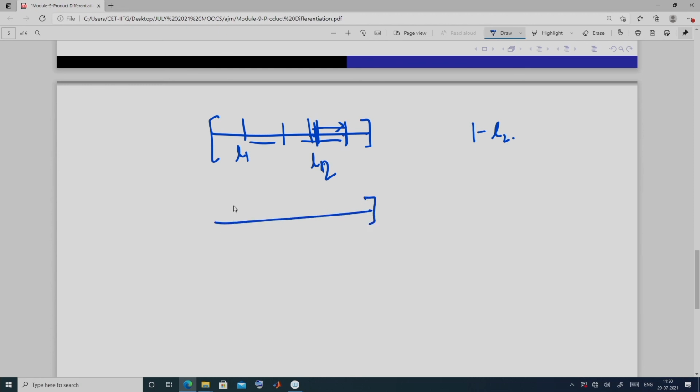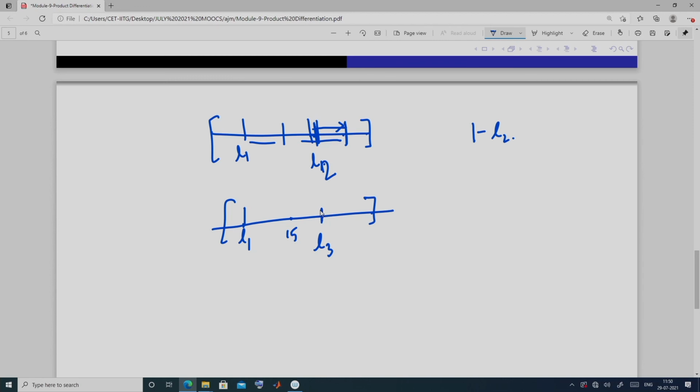And so, L1 is this, this is 0.5, and if this is L3, then L2 will locate here along with this L3.